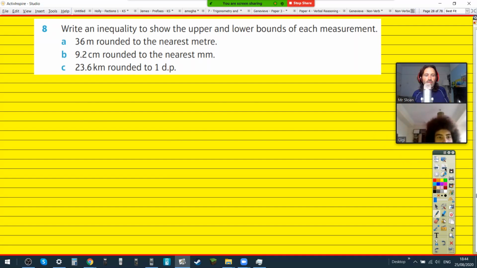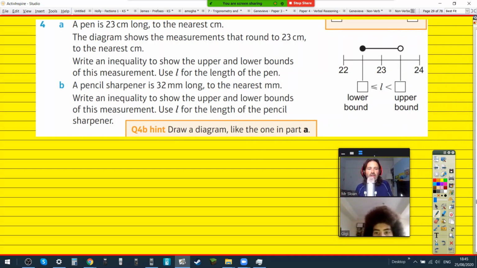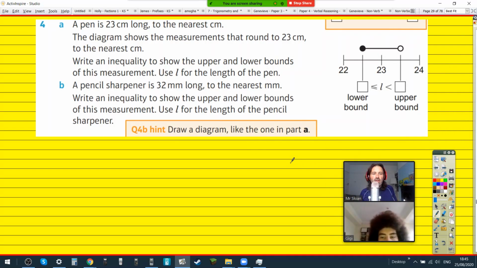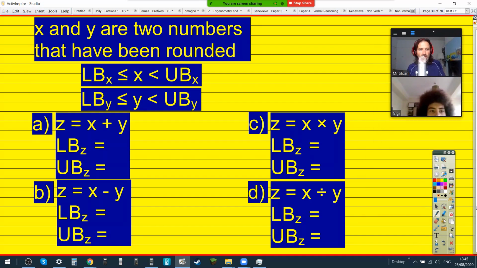That's easy. That's just the start there. Here they have it written on a number line. It's the same idea. 22.5, 23.5. So that's just as a number line. Yeah, that's all right. Okay.